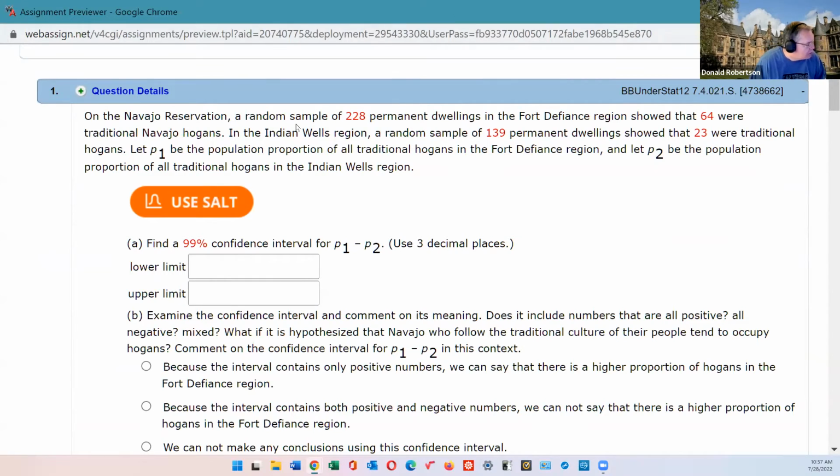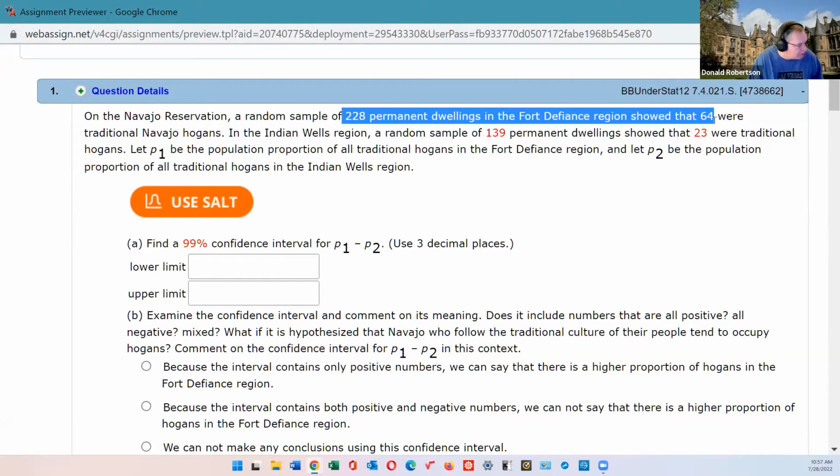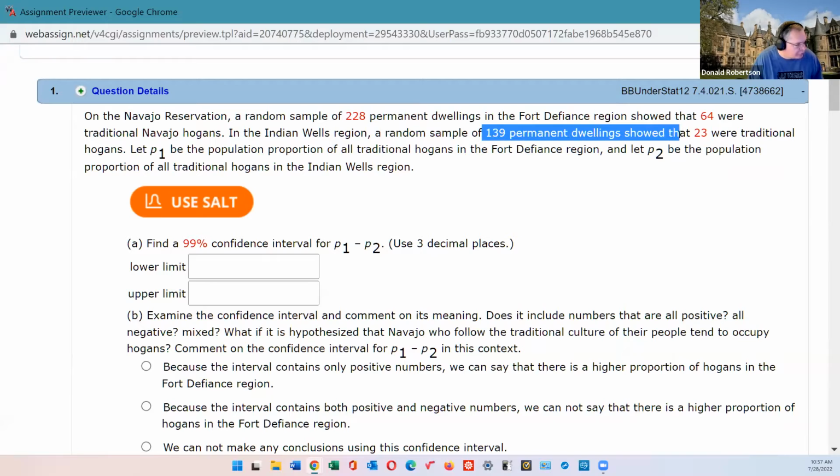If you went to Indian Wells region, there were 23 in that place that were traditional, so that's 23 out of 139. So all the numbers that we need to do this are here, right? These two numbers gave me P1 hat, and these two numbers gave me P2 hat.